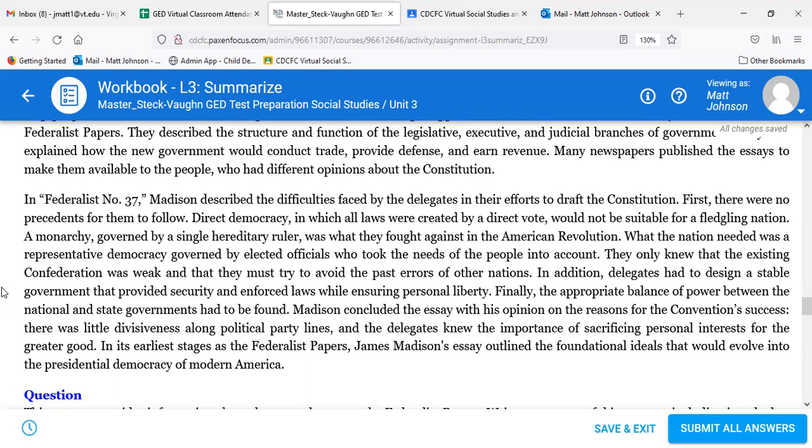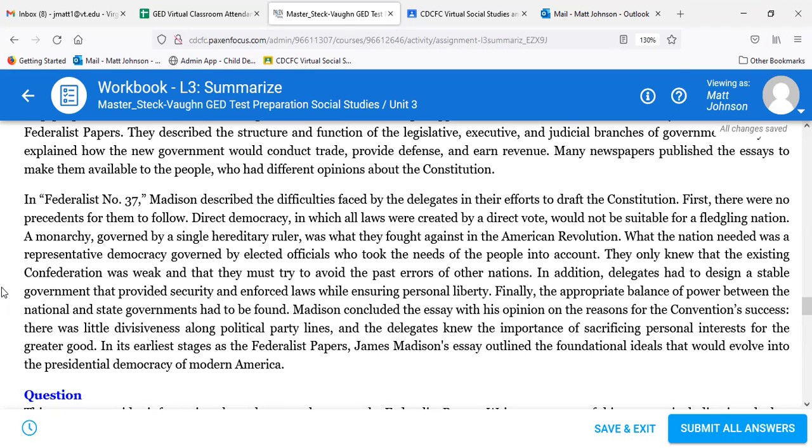We wouldn't need to get into a lot of detail, but we could put something like the Federalist Papers were written to explain and support the Constitution, something like that.